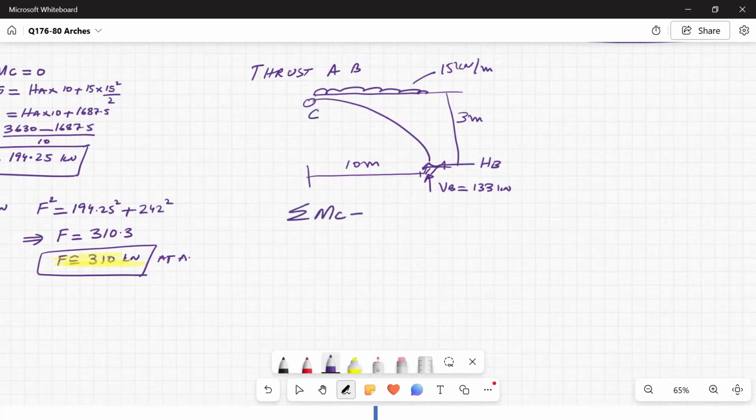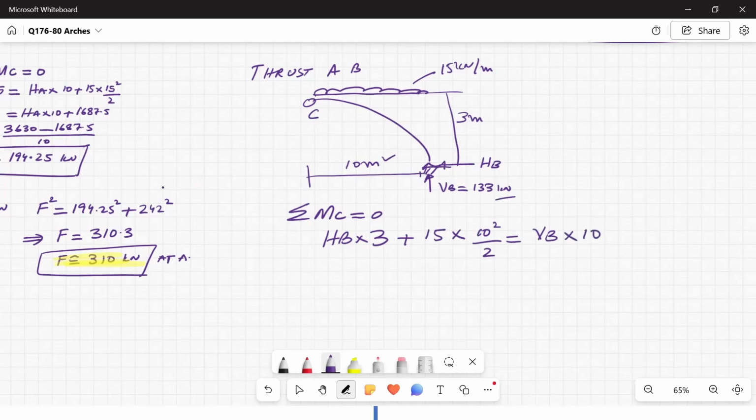Let us find out the summation of moment at C is equal to 0. This is C. Moment at C is equal to 0. So we will have HB, which is creating clockwise moment, so HB times 3, and we have the UDL, which is creating clockwise moment. So the UDL will be equal to 15 times 10 times, acting at half of the distance, so 10 squared divided by 2, and this is equal to the anti-clockwise moment, which is VB times 10.